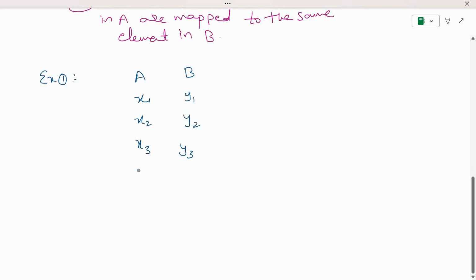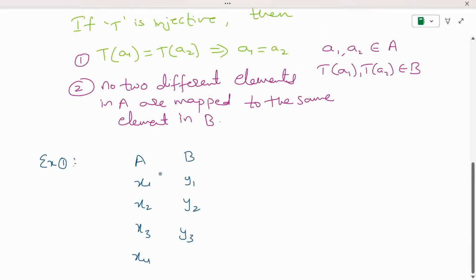Here another element x4. Now let's check the A and B. So there is a relation between A and B, and that is the function. So let's not bother about what that function is, but rather that function is giving the elements like this.